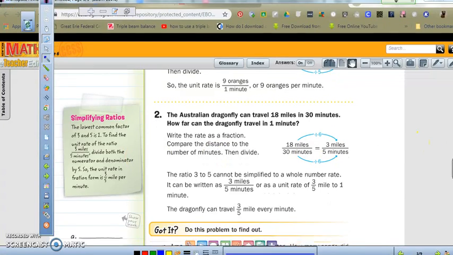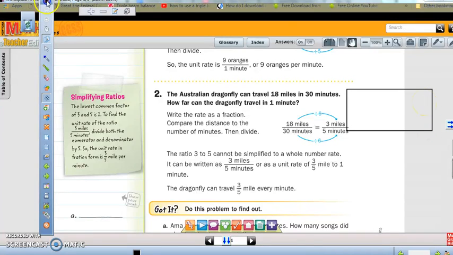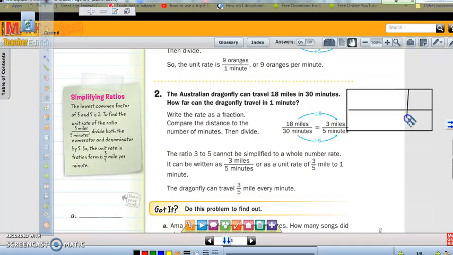Okay, example 2. Let's draw our ratio table. Again, you can do it their way as well, but ratio tables keep it consistent to what we've been doing. So, a dragonfly can fly 18 miles in 30 minutes. How far can it travel in 1 minute?